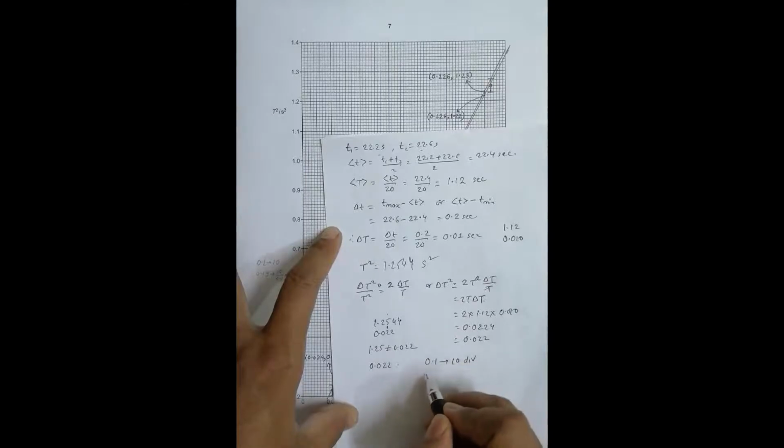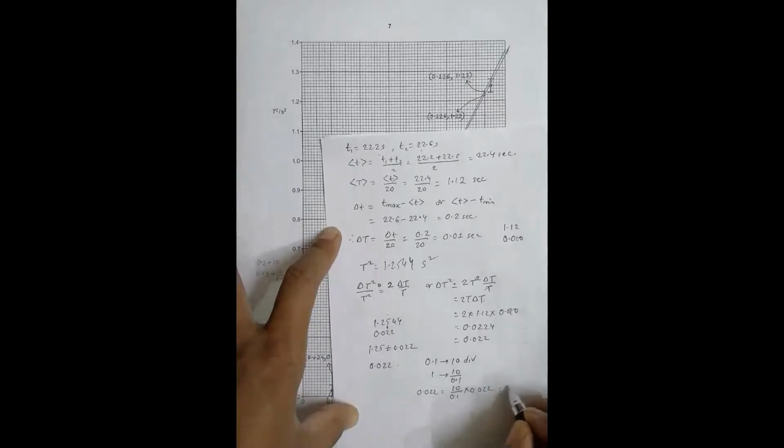So that means 0.1 is 10 divisions, and 0.022 will be 10 divided by 0.1 into 0.022. So that becomes 2.2 divisions.